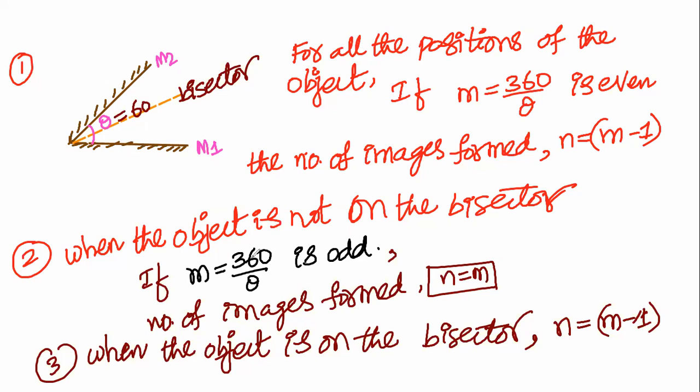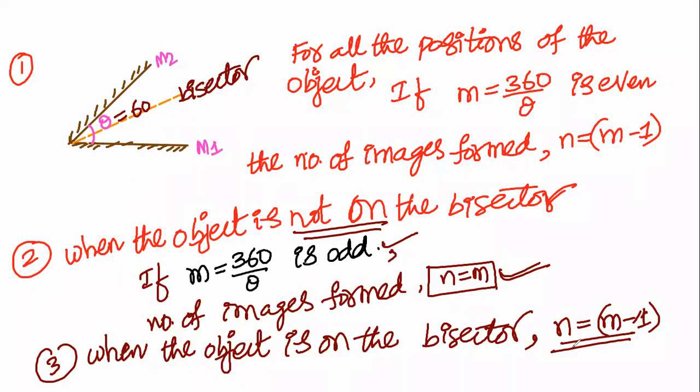If 360 by theta is an odd number, two conditions are there. One is the number of images formed n is equal to m if the object is not on the bisector. It should be anywhere except on the bisector. In such a case, n is equal to m. If the object is on the bisector, n is equal to m minus 1.